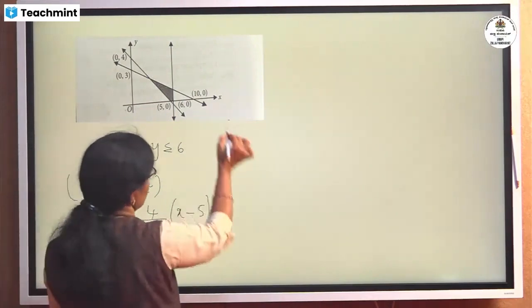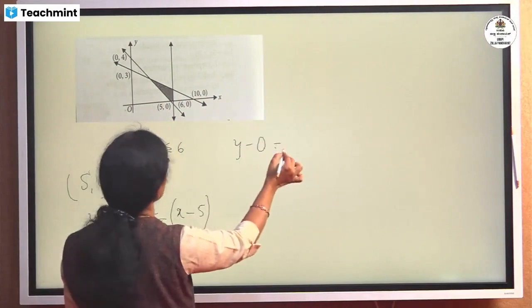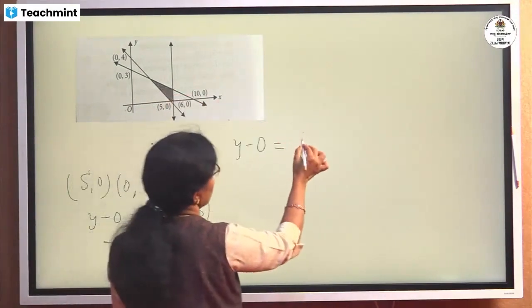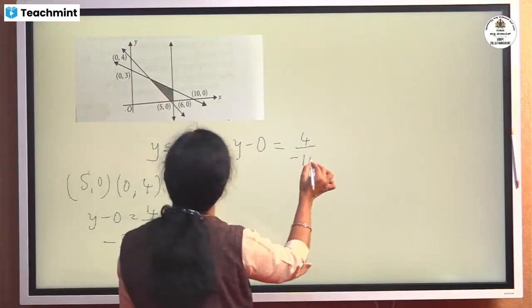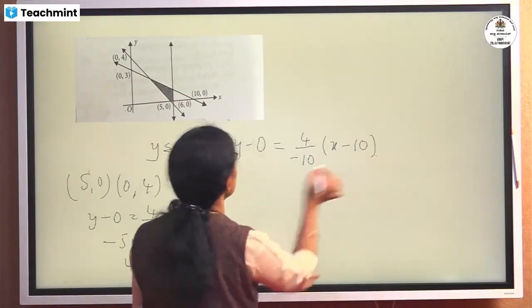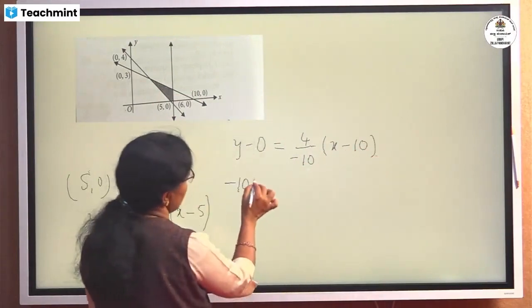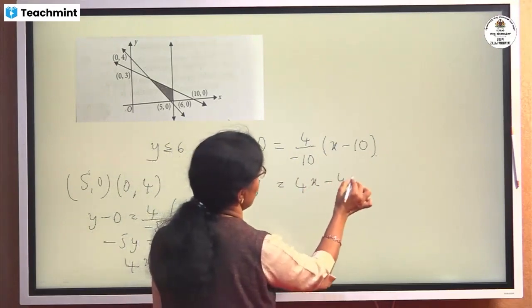Another one, I will make it directly. y minus y1 is equal to 4 minus 0, which is 4, divided by 0 minus 10, which is minus 10, into x minus 10. So the equation is minus 10y is equal to 4x minus 40.